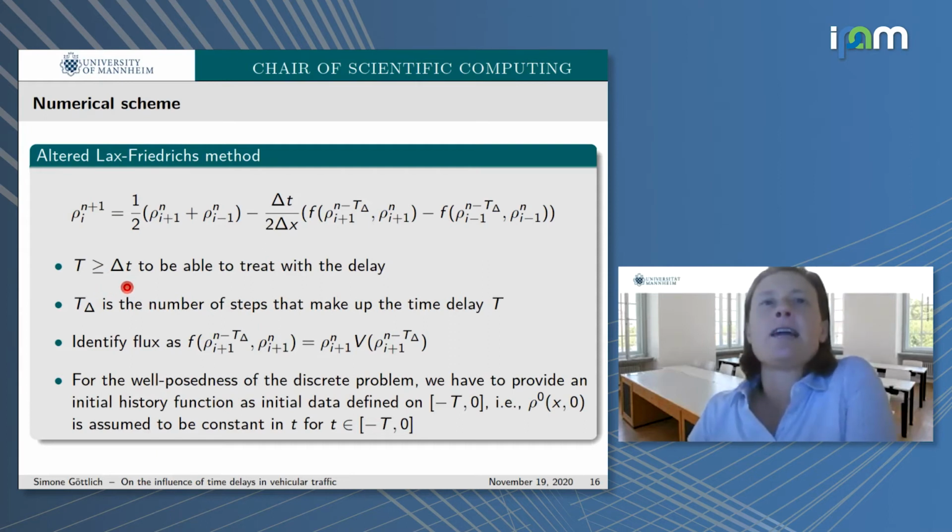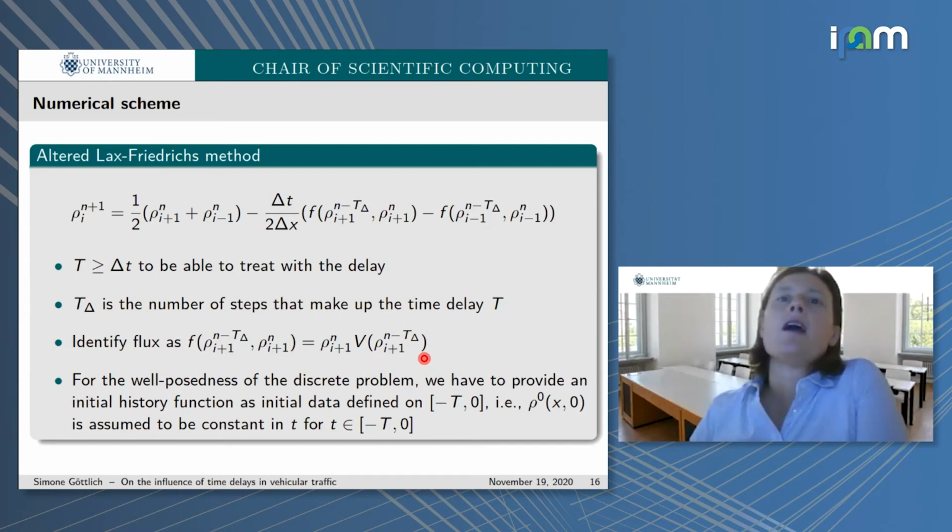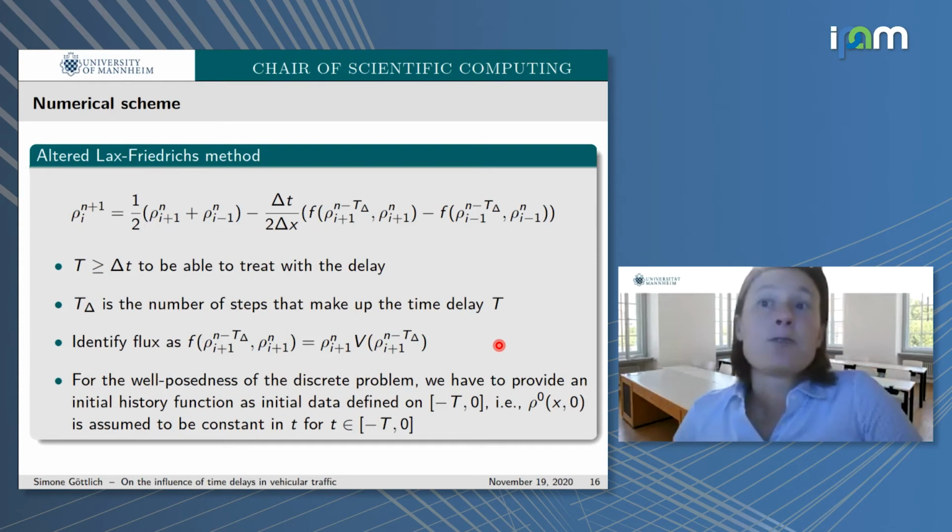And T delta should be the number of steps that make up the time delay T. And we identify the flux given in this notation as rho in the discretized version times the velocity with regard to this delayed expression. And for the well-posedness of the discrete problem, we also have to provide an initial history function, as I told you before, meaning that we need a definition on the interval minus T up to 0.